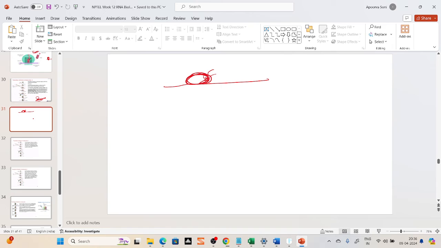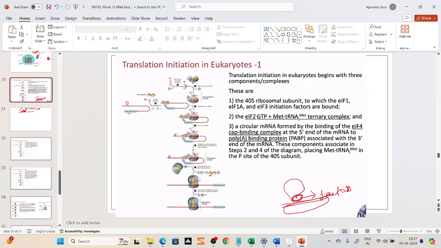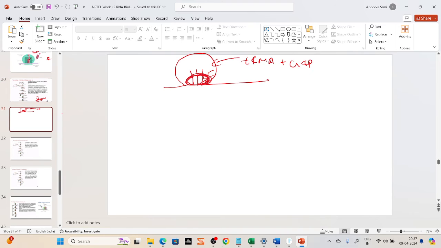When the initiation factors come and bind, the larger subunit also comes, which has E, P and A sites. Now, tRNA comes with the help of some other factor and GTP. You can see here, the factor name you can remember, EIF2 GTP. So this tRNA comes now.